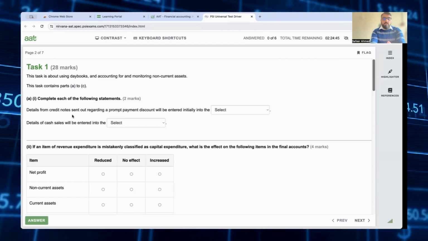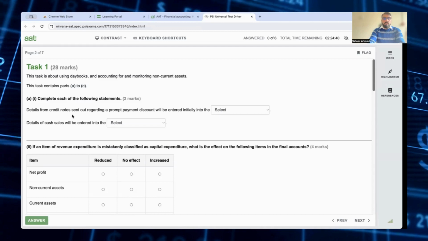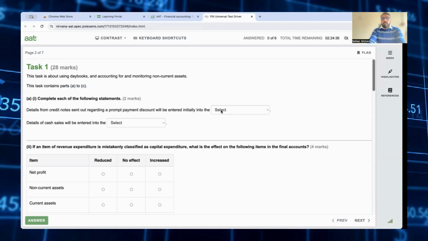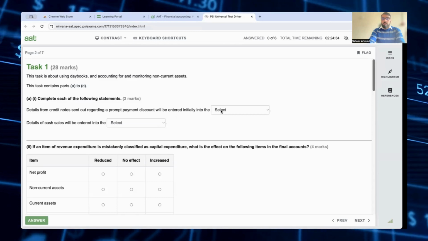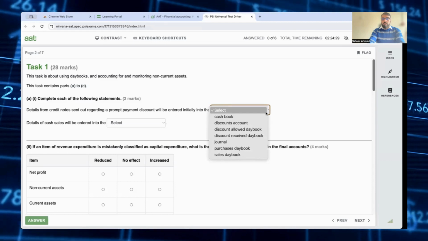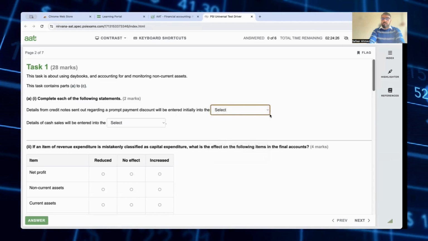So in other words, that's in relation to the discount allowed. And discount allowed initially will be recognized in the discount allowed daybook. So in the drop-down menu, we have discount allowed daybook as the correct option.